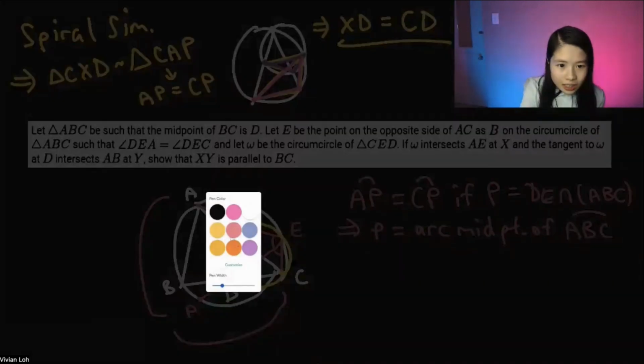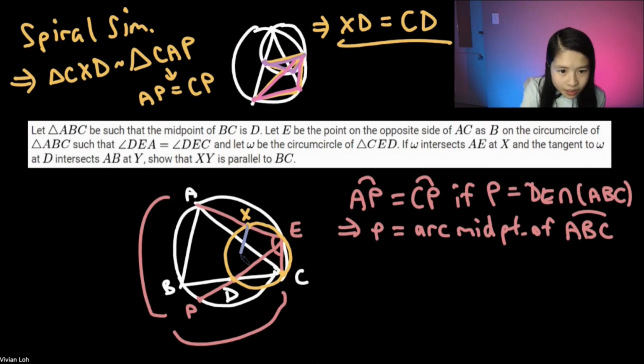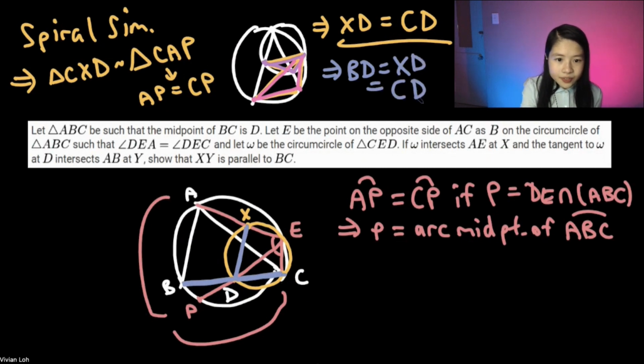All right. Okay, so let's see what that would look like in the diagram. It would basically look like this blue segment is equal to that blue segment. And actually, we know that D is the midpoint of side BC, which means that BD is also the blue segment. So we have three congruent segments. Therefore, BD equals XD equals CD.